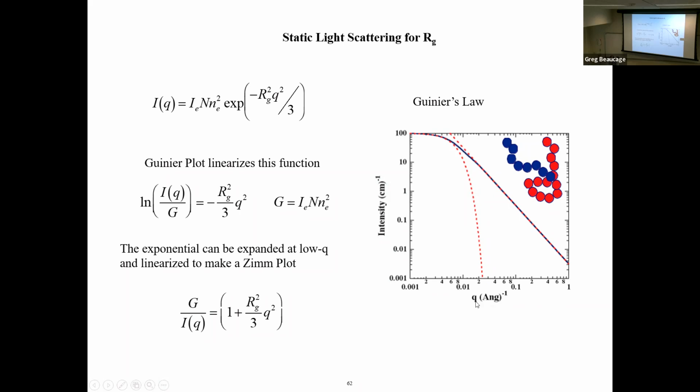Bragg's law says the size you get is going to be lambda over 2 sine theta. As you shoot a beam, it comes out at 2 theta, and you measure the intensity here.